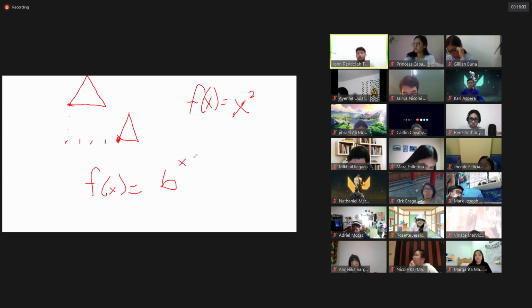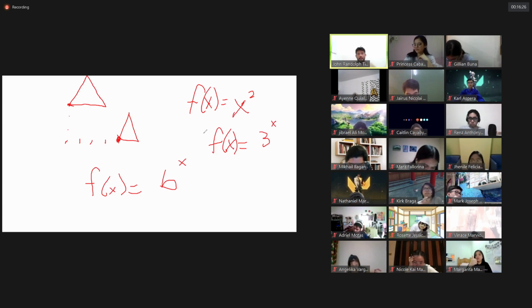Dapat yung base mo dito is a number greater than 0 but not equal to 1. And then how about f of x equals, let's just say, 3 to the power of x. For this example, 3 to the power of x. Is this an exponential function? Yes or no?